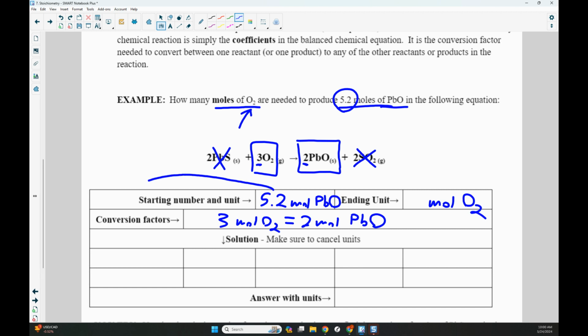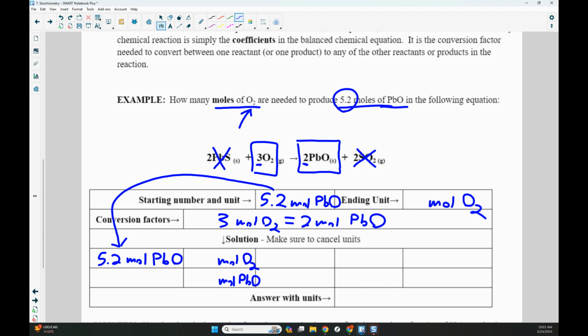So just like we've done all year, we're going to put the starting number in unit into this place, 5.2 moles of PbO. And we're going to arrange my conversion factor so that I can cancel that out. So we're going to put moles of PbO on the bottom, and we're going to put the thing that we're converting to on top, which is moles of oxygen.